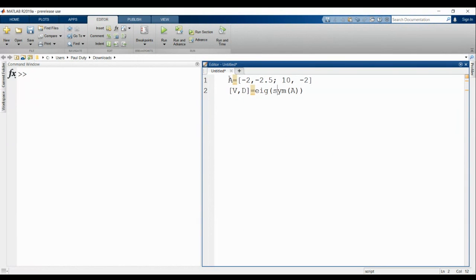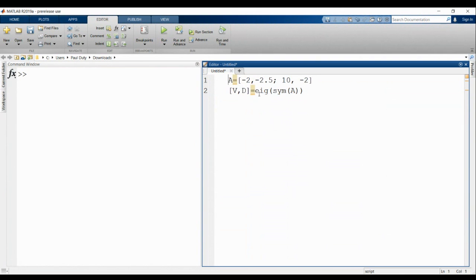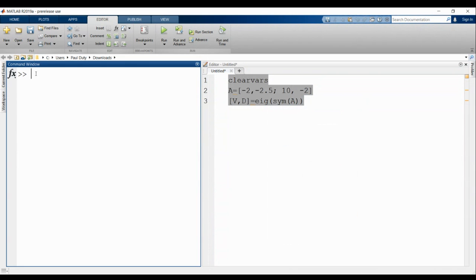I put in the matrix A, and I'm going to find the eigenvalues and eigenvectors. Eigenvectors will be stored in the matrix V, and eigenvalues will be stored in the matrix D. So I'm going to copy that. Maybe before I do that, let me run the command clear vars. I like to make sure any old variables are cleared out so they don't interfere with my current code.